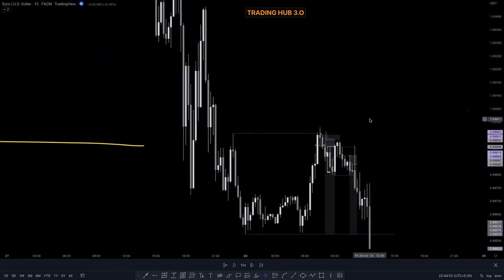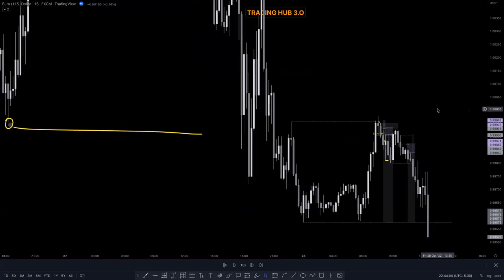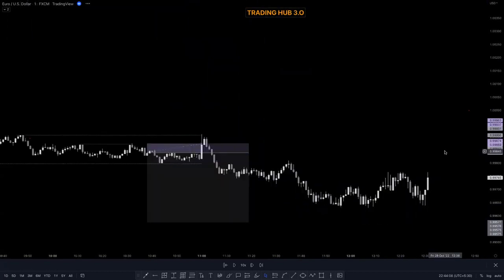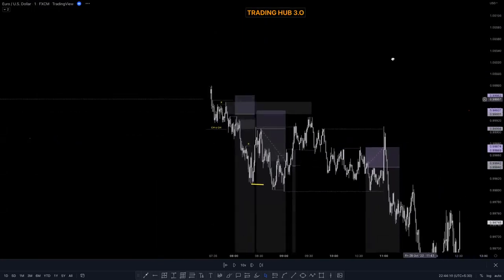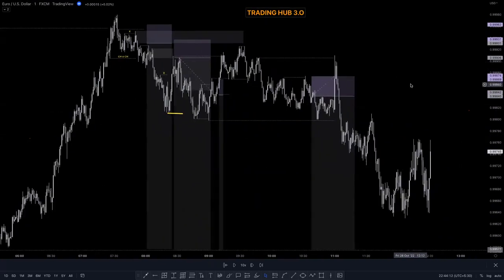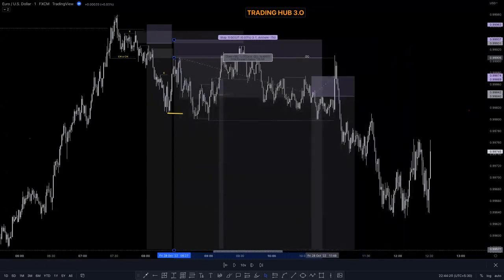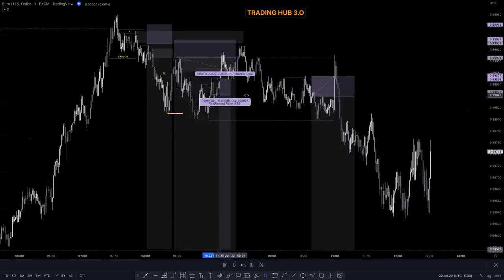Okay, all right. So overall, this is what happened here in the 1 minute. These were the possible entries here. The first entry is here. Okay, and the next entry, this is aggressive, which is a very high risk entry, you know.